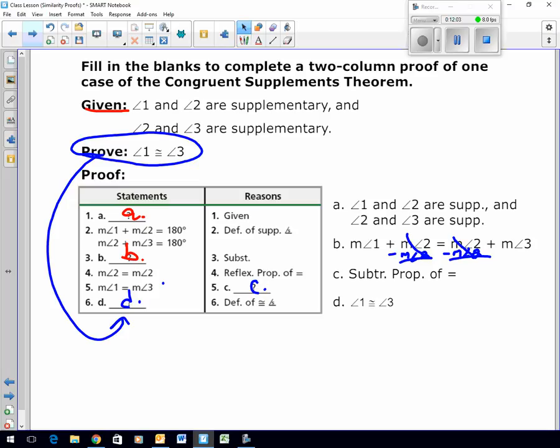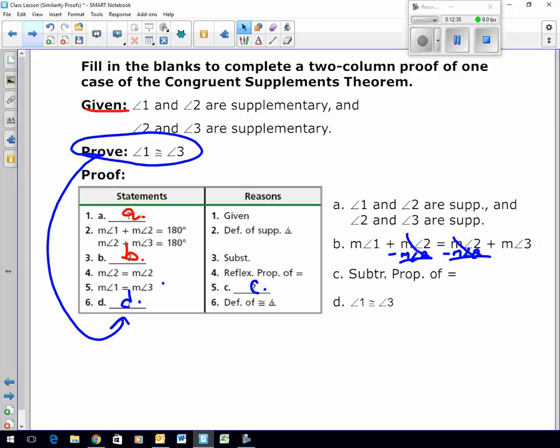Let's use some student skills here. What did I start this proof with? Everybody say this with me. I start with the given. Say it again. Start with the given. What did I end this proof with? The prove. The last statement that I made was what I'm trying to prove.